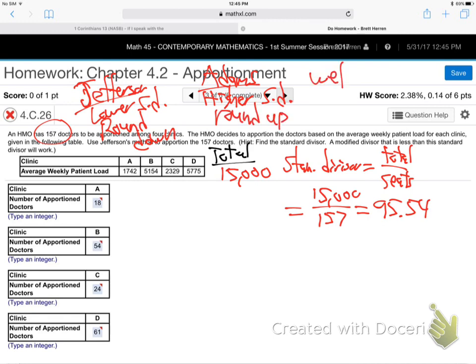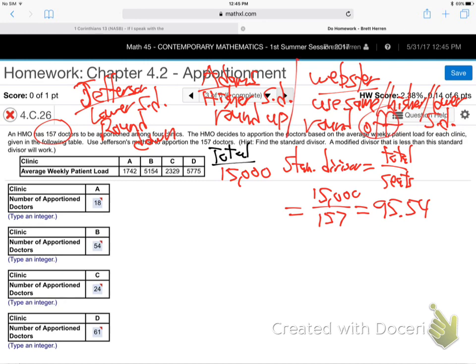And for Webster, you could use the same or a higher or a lower, any of those SD, and you round off. So those were the 3 other methods other than Hamilton's. Everybody aware of those? That's what you want to put on your 3x5 card.